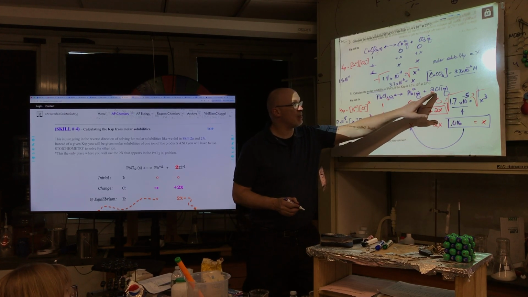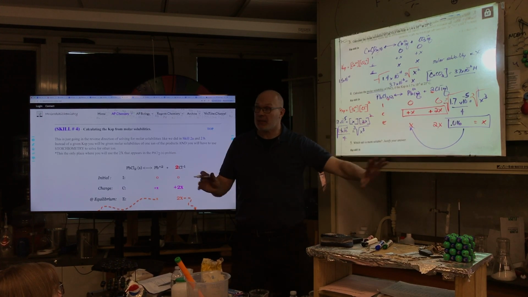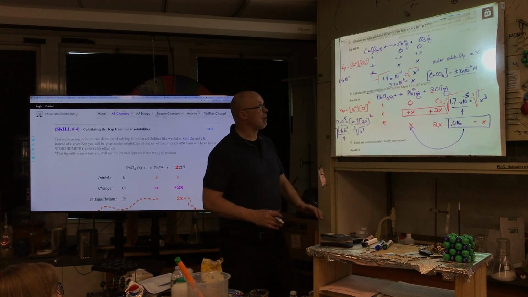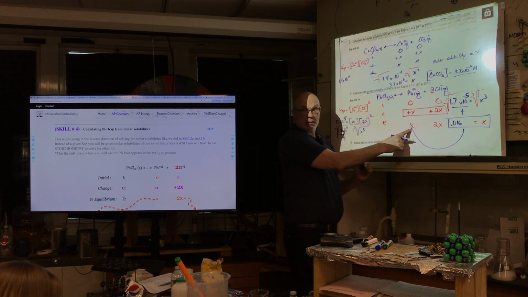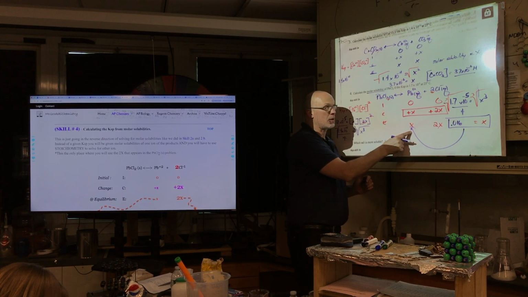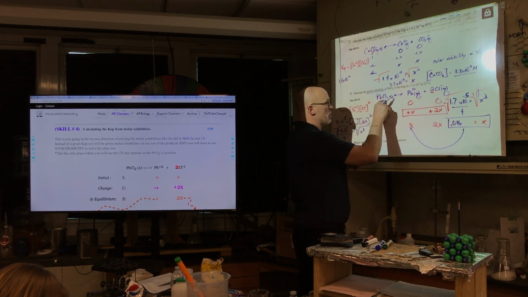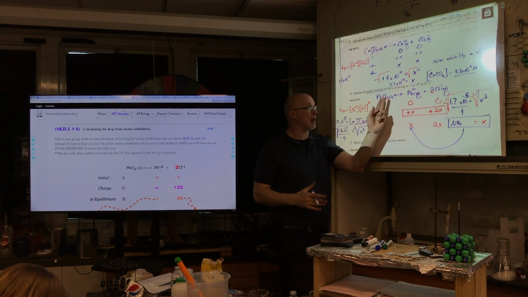Now, if I wanted the solubility of chloride, it would be what? Times 2. But that's not the molar solubility. For every one of these, I produce 1x. So if I was asking for the molar solubility, I'm solving for x. Because there's 2 of these per one of these. The molarity of the chloride ion is always twice the molarity of the salt.